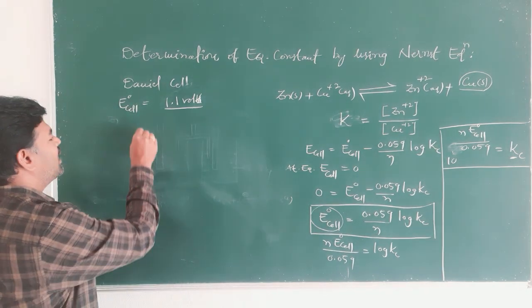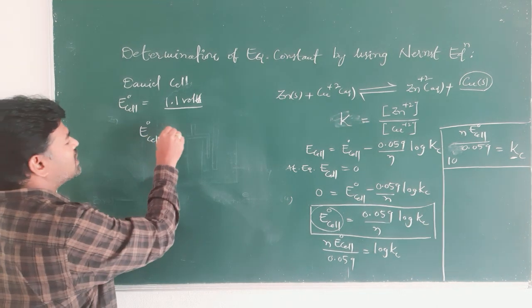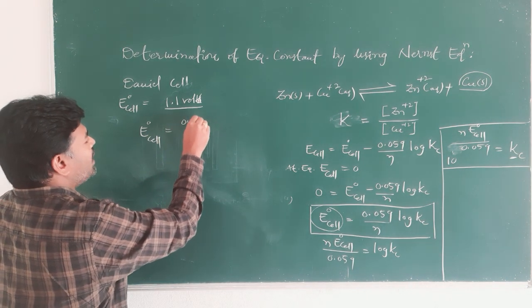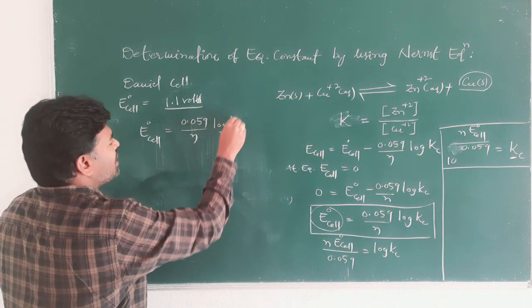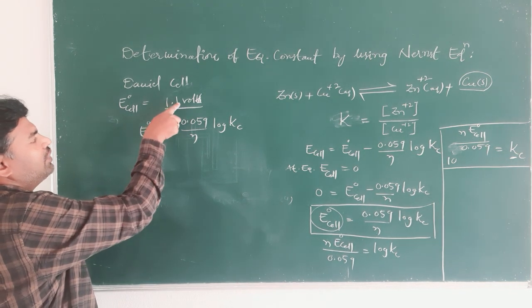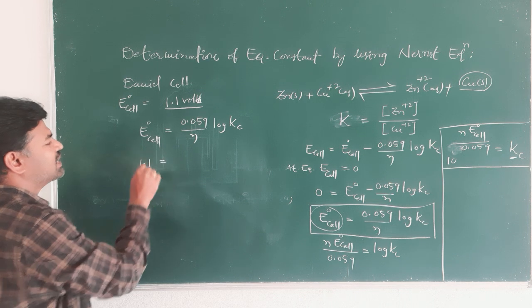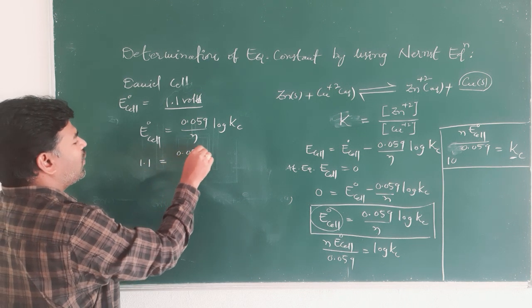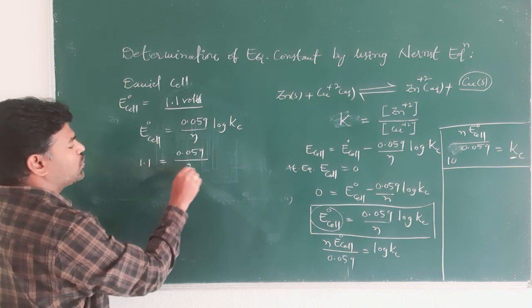So, E naught cell, what is the formula to calculate the equilibrium constant? E naught cell is equal to 0.059 by n log Kc, right. We know the standard EMF of the Daniell cell is 1.1 volts, and the number of electrons transferred in the Daniell cell is 2.